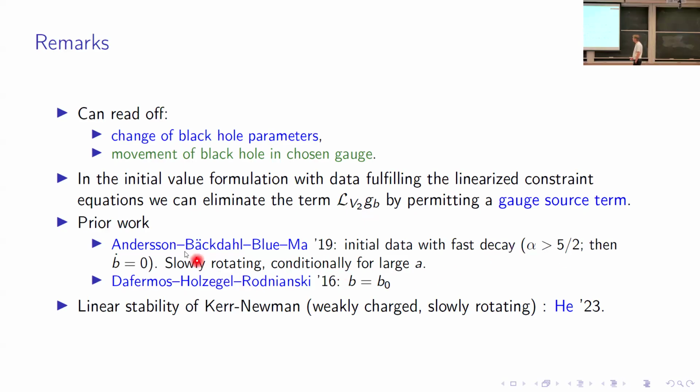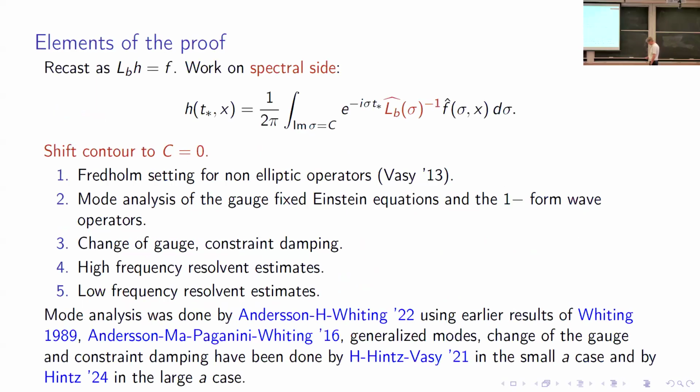This is for slowly rotating, but there's a conditional result for the whole sub-extremal case. If you have a mode estimate a priori, then you get this automatically, okay? And then there's a result for weakly charged and slowly rotating Kerr-Newman spacetime by Lili He.